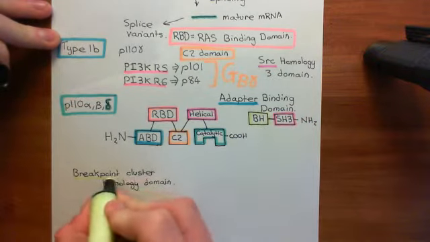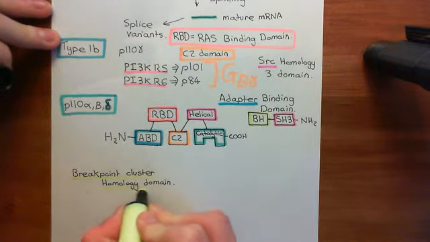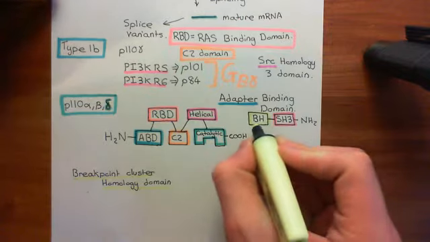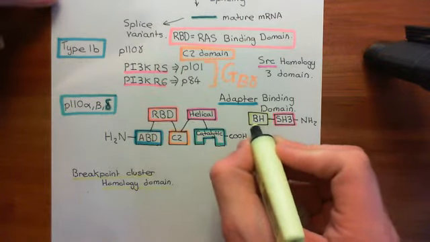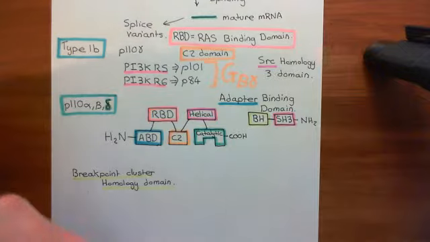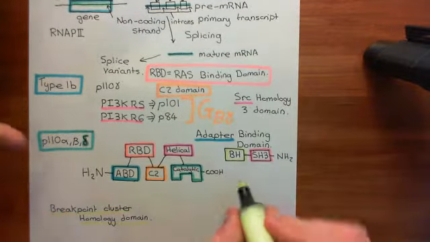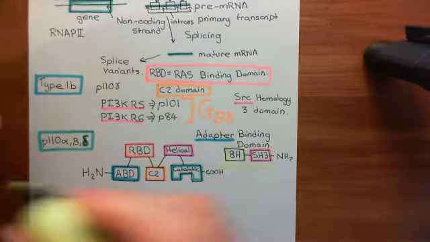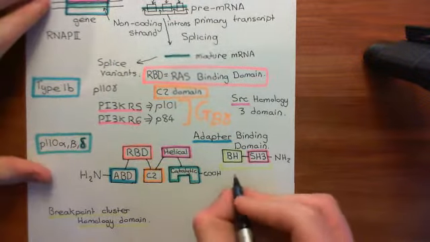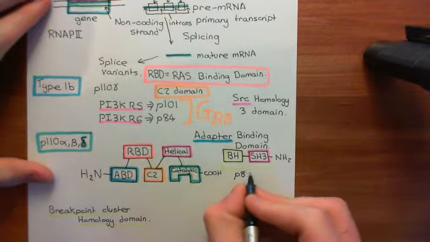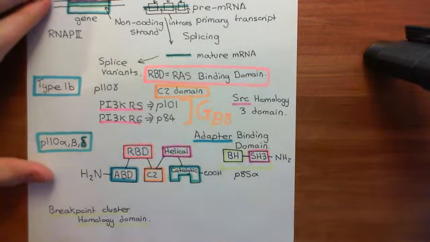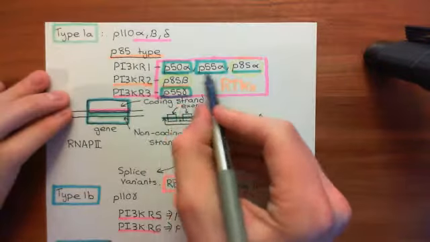Right, so those two domains that we've now talked about, the SH3 domain and the breakpoint cluster homology domain, are the two domains that are not going to be present in the shorter ones. These are present in P85 alpha and P85 beta, but they are not present in the shorter ones, which remember are P50 alpha, P55 alpha, and P55 gamma.